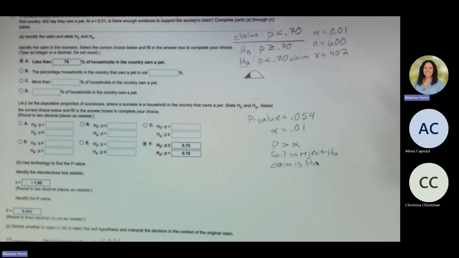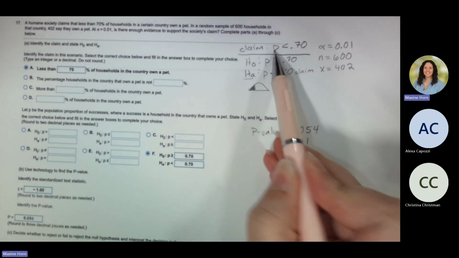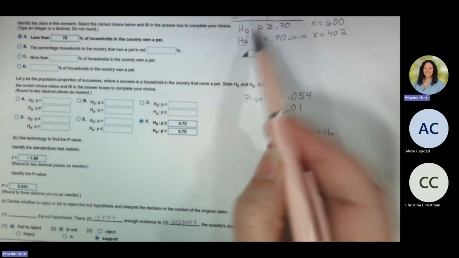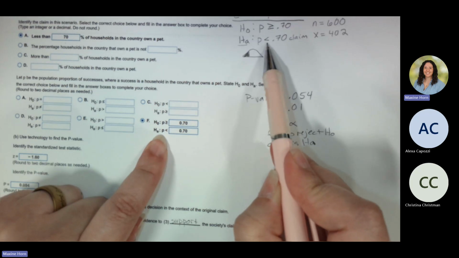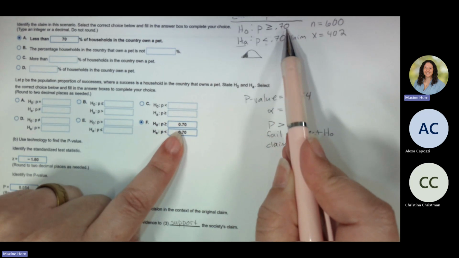All right, and then now let's go back and fill in everything the way they want it filled in. So identify the claim. We said that the claim was that the proportion is less than 0.70, so less than 70% of households in the country own a pet. And written out in symbols, the alternative is p is less than 0.70. The null is p is greater than or equal to 0.70.